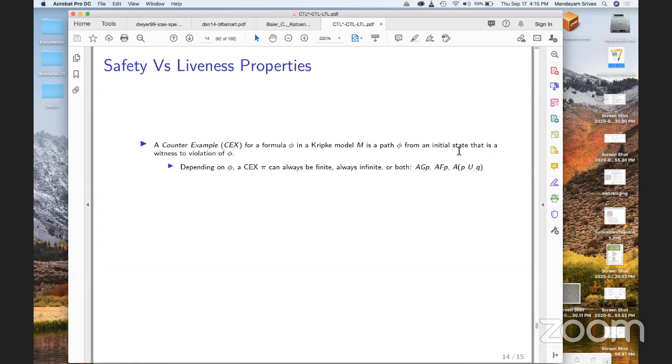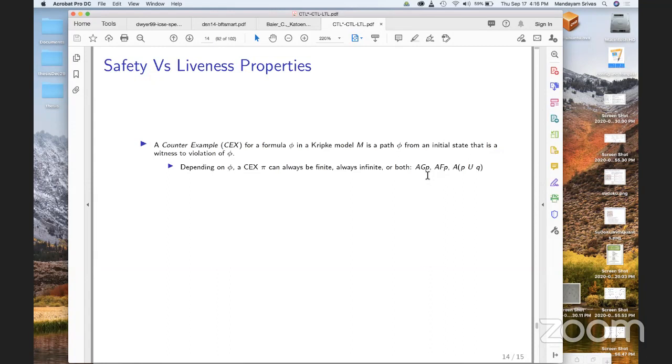So, for example, AG of P, which is the same as G of P, requires that P be continuously true on all the paths. So the witness to that is that at some point P stops holding on the path, and there is a violation. So for AG of P, a counterexample, a witness to violation, is always finite.